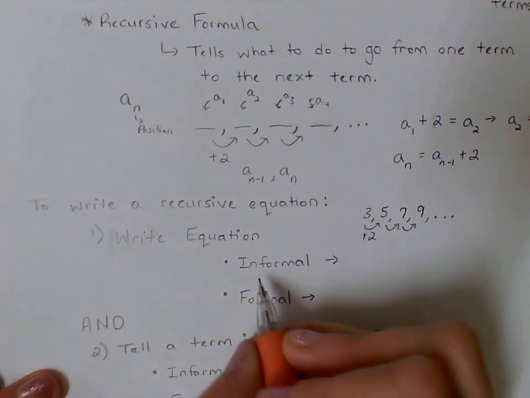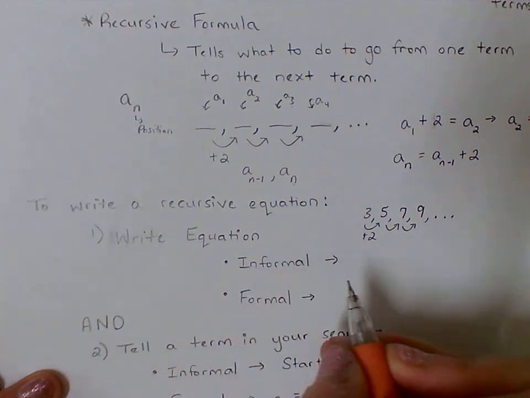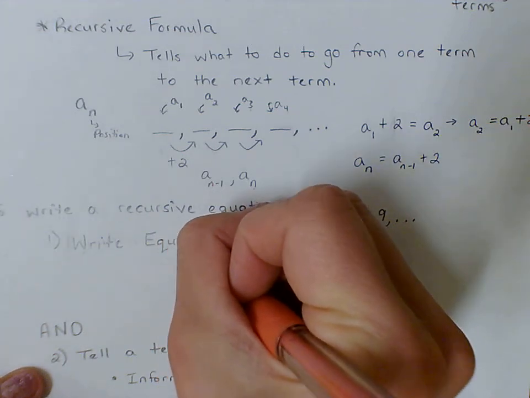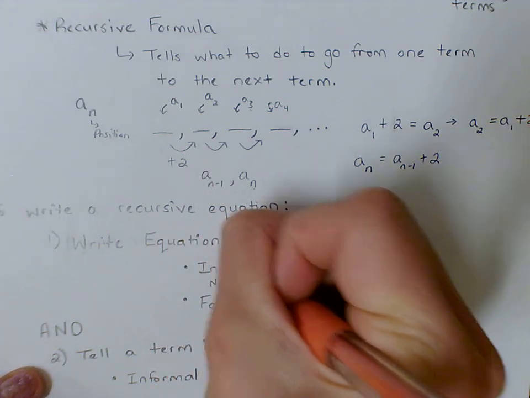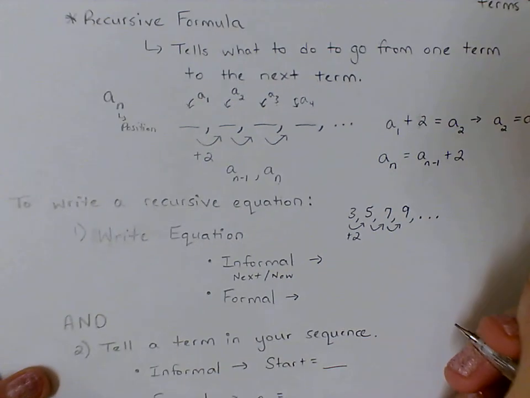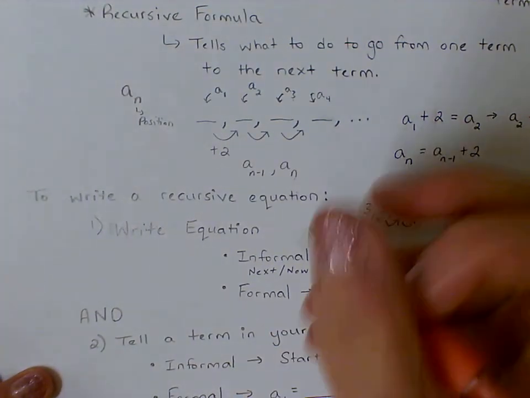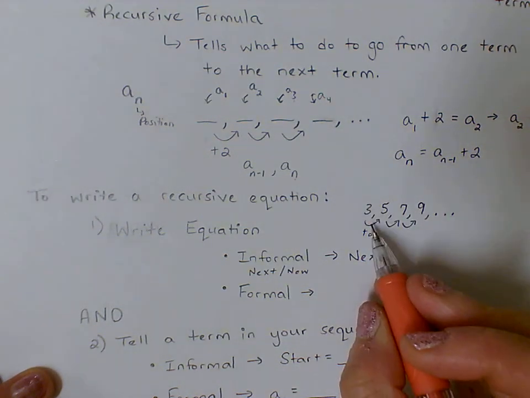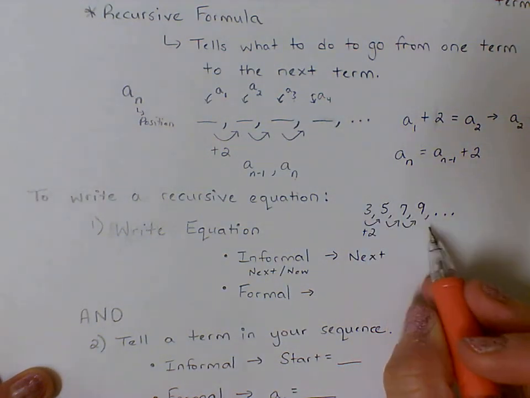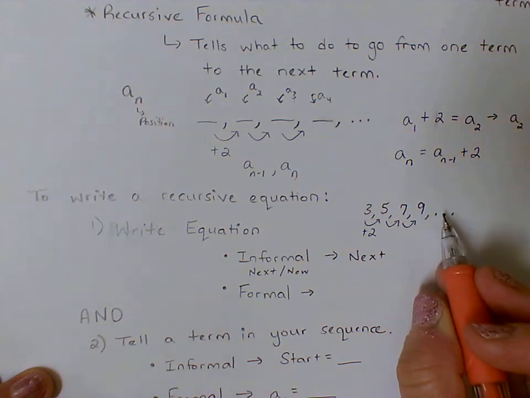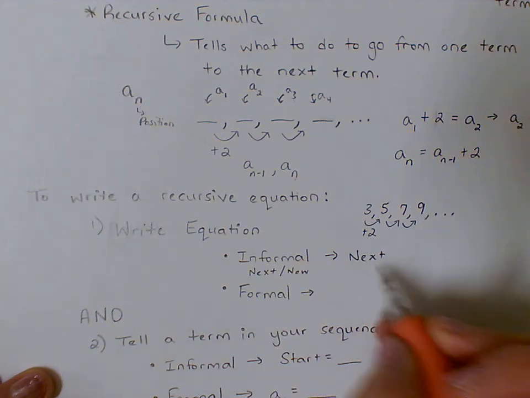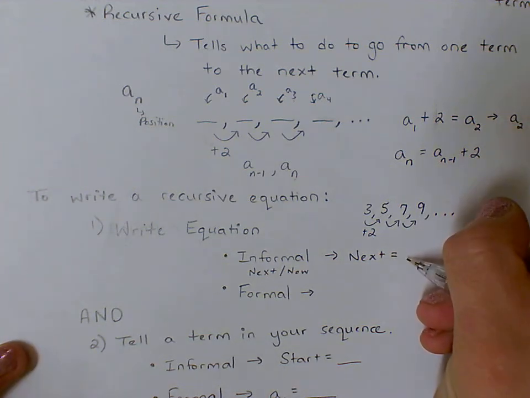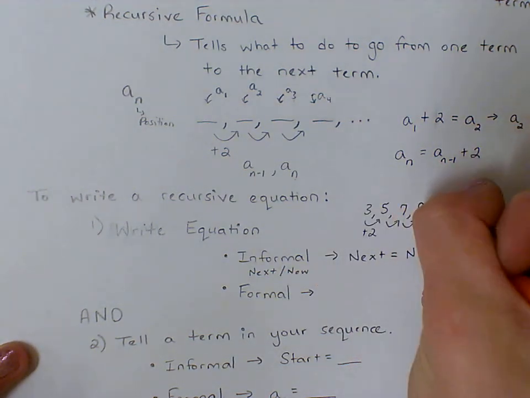The equation in an informal way is describing it in terms of your next term and the term you have now. So how do you write that? You start with, to get my next term, what is that going to equal? What do I have to do to the term that I have now?